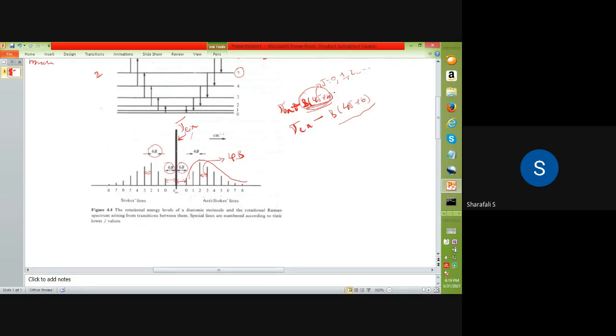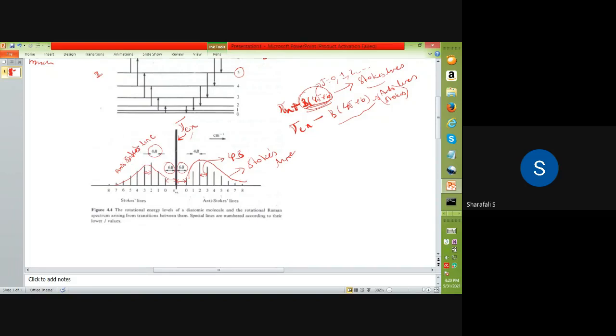And this spectra, which is on the plus side of the new excitation bar, has the Stokes lines, and on the other side we have the anti-Stokes lines. So these lines represented here are Stokes lines, and on the other side we have lines which are anti-Stokes. Remember that Stokes is a name.